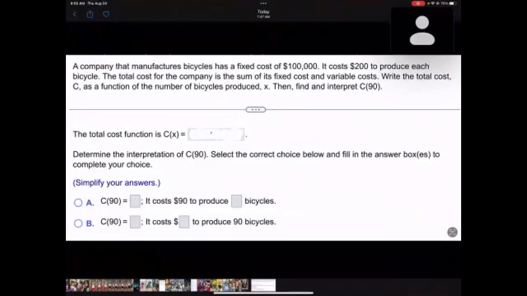This is from the 1.2 homework. This is maybe our first chance to see a function in action, like what we would do with it in the real world, right? An application. We've got this bicycle manufacturer.